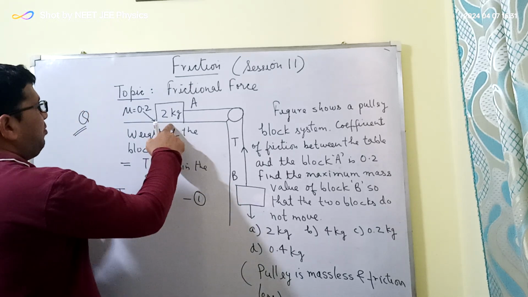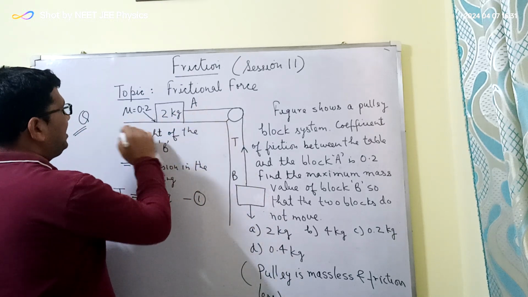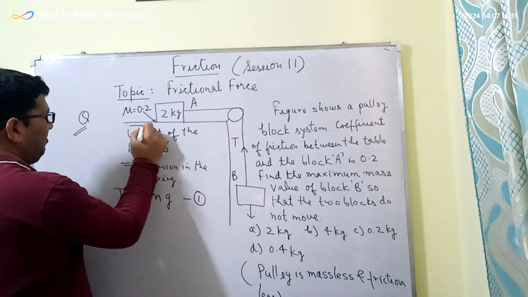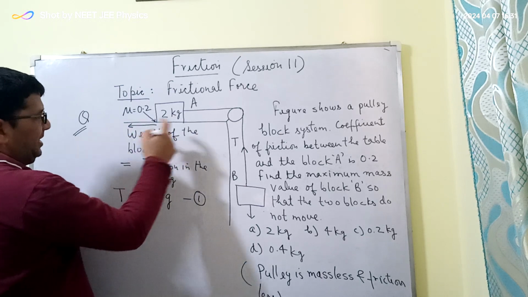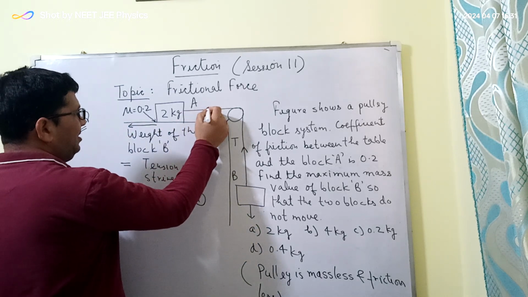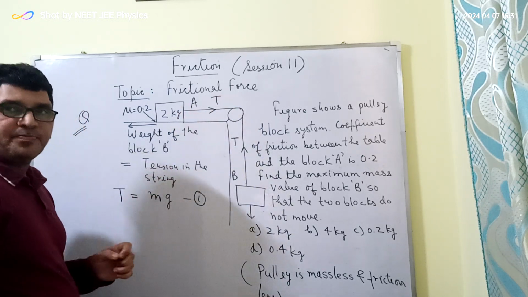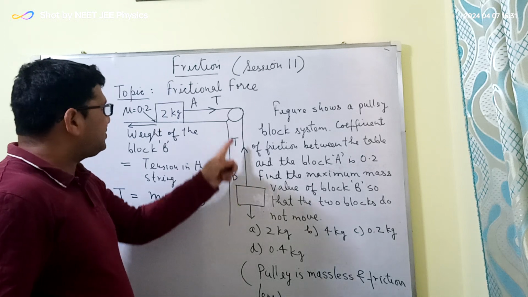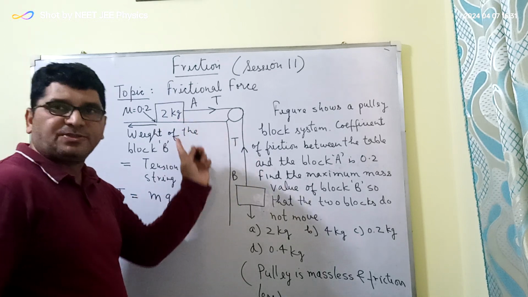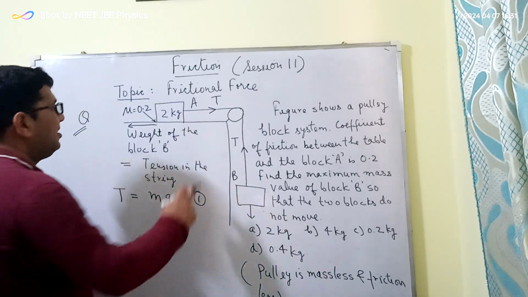Now this block will not move when the tension in the string is equal to the frictional force. Here the frictional force will be acting in the opposite direction, and since the tension acts away from the body, the direction of the tension will be as indicated by this arrow. Since these two blocks are connected by the same string, the tension in the entire string will remain the same.